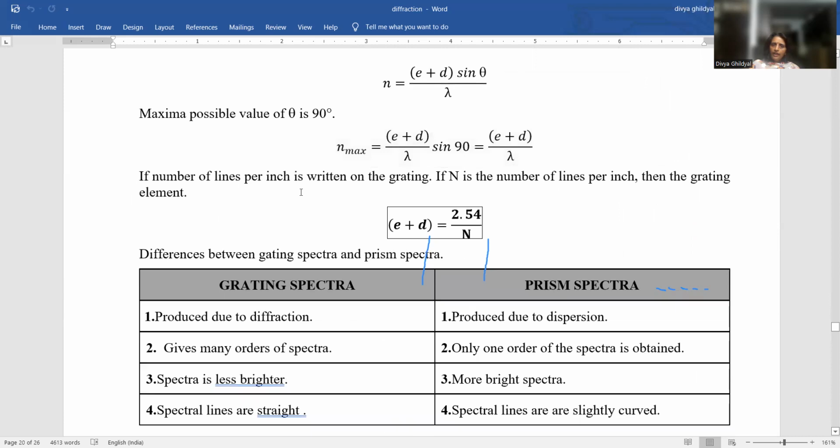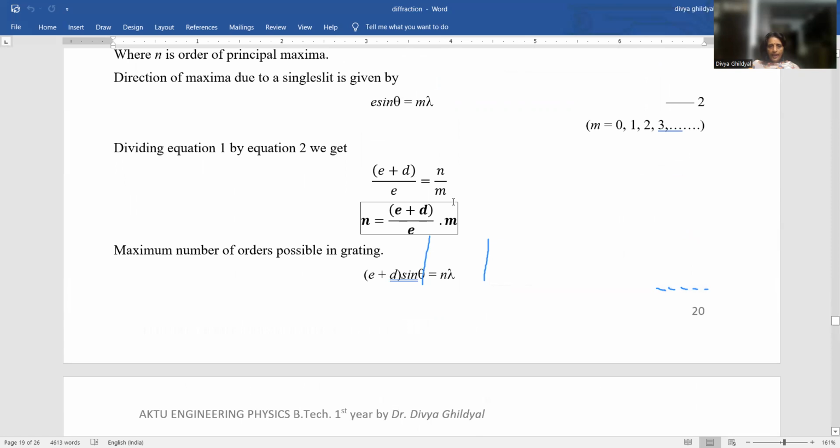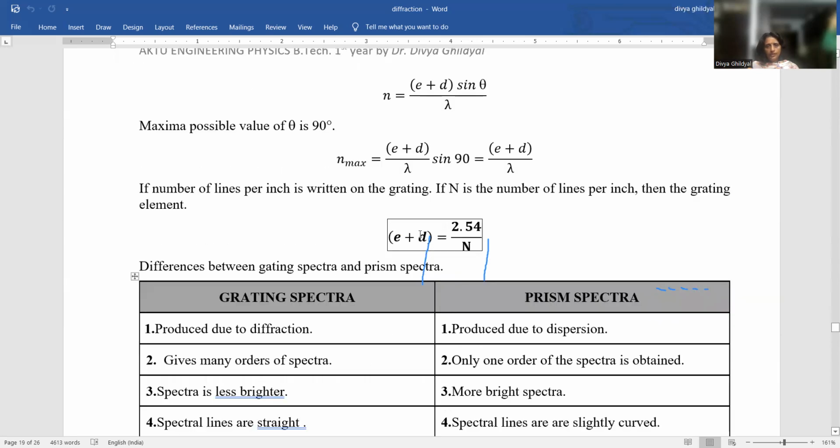If the number of lines per inch is written on a grating, then the grating element is given by (e+d) equals 2.54 by N. And where the condition n equals (e+d) by e into m is satisfied, that order of spectra will be missing in the grating spectra.